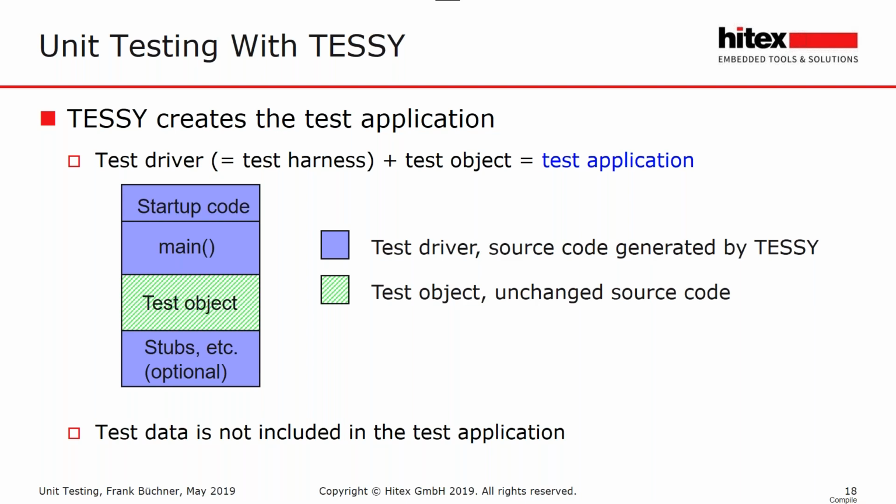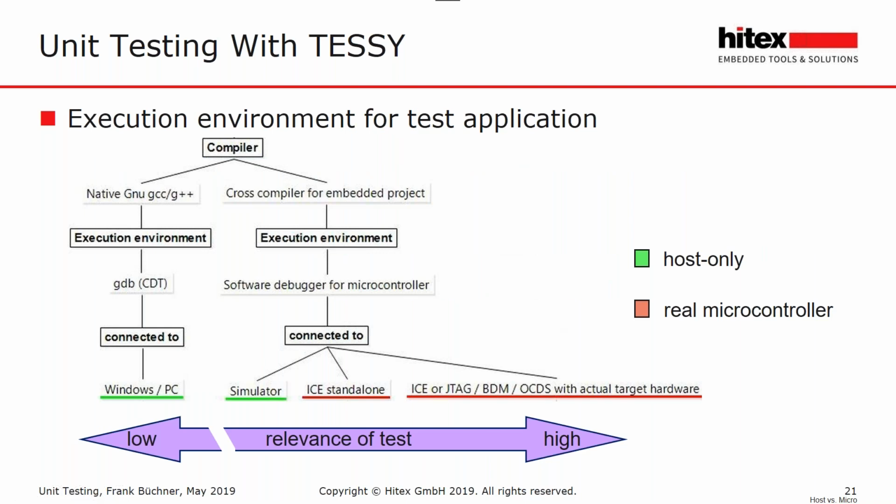So the next step is to compile the test application, and you can direct Tessie to use two basically different compilers. The first one is a native GNU GCC or G++ compiler, and then Tessie would compile the test application into a Windows executable, an exe file, and the tests are executed completely on the Windows PC.